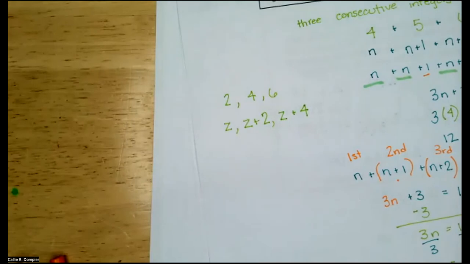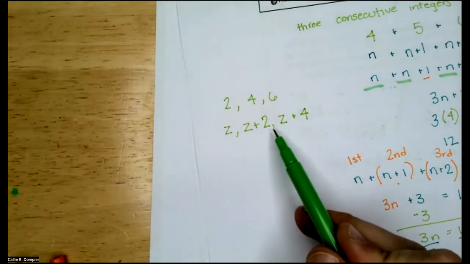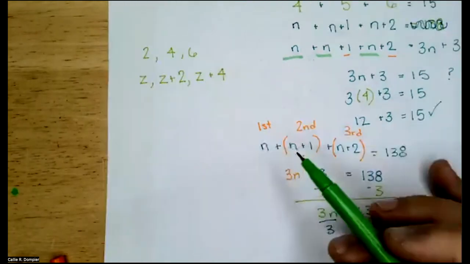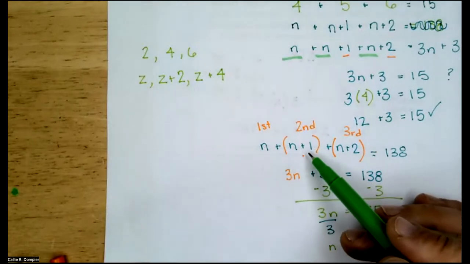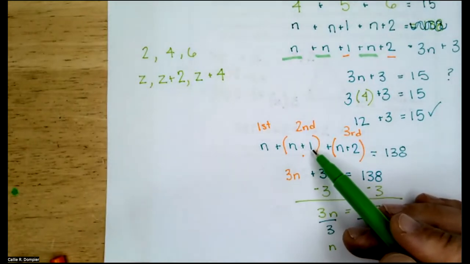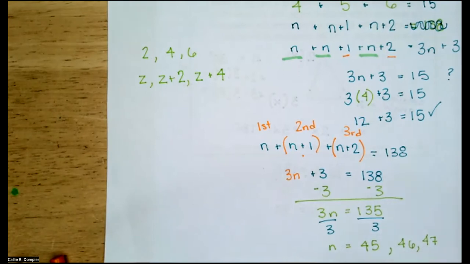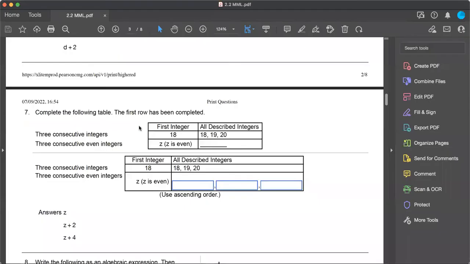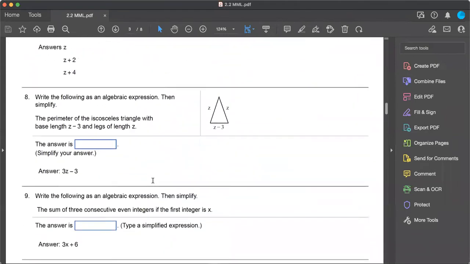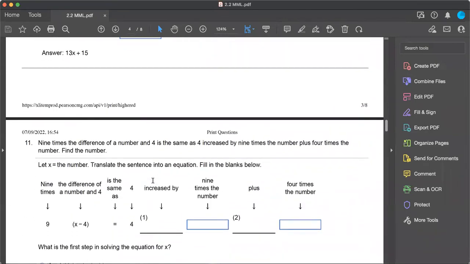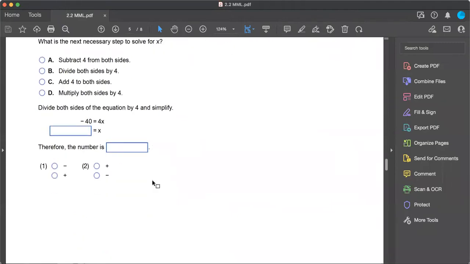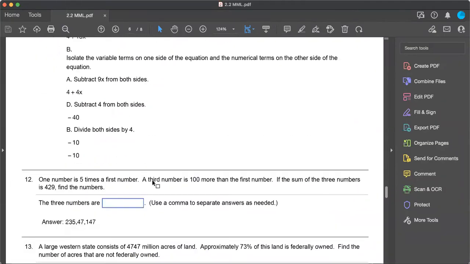So for even integers, we're adding 2 and we're adding 4. If they are consecutive and it's not even or odd, we're just adding 1. Okay, so that's an important note. And then what else? This we can do.